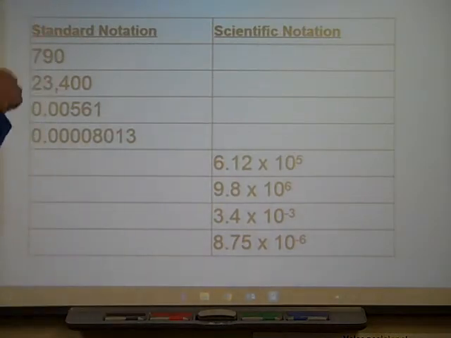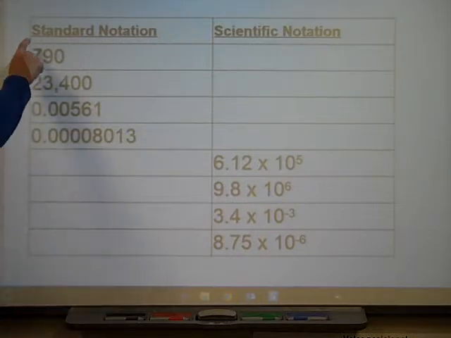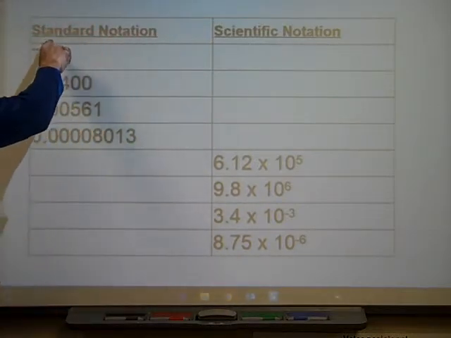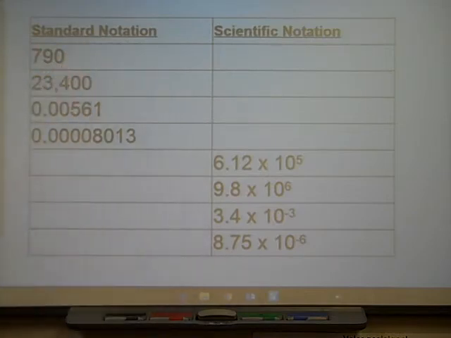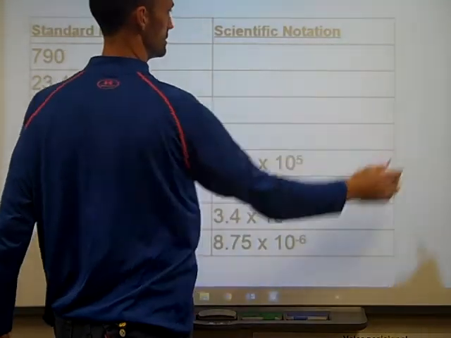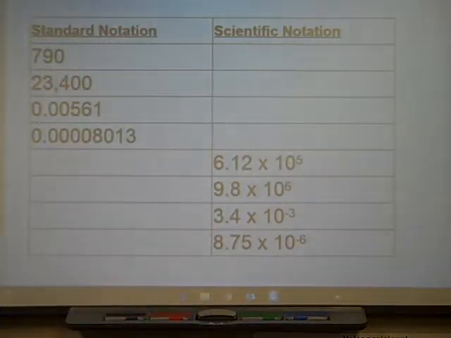So we've got 9 lines divided in half. And then at the top, in the top space, standard notation. And on the right-hand side in that top space, scientific notation. And again, stop the video at this point and copy what I have up here.